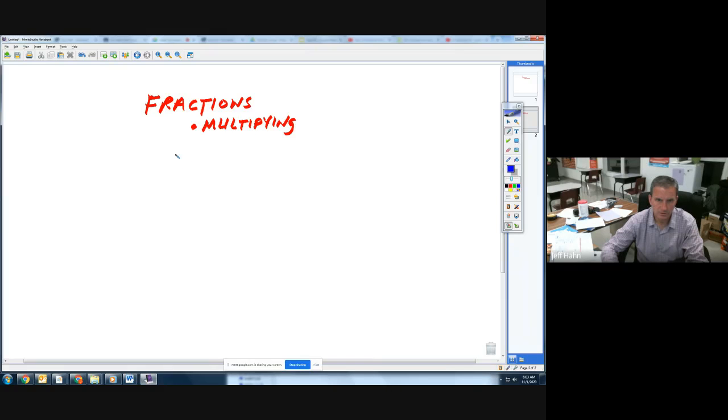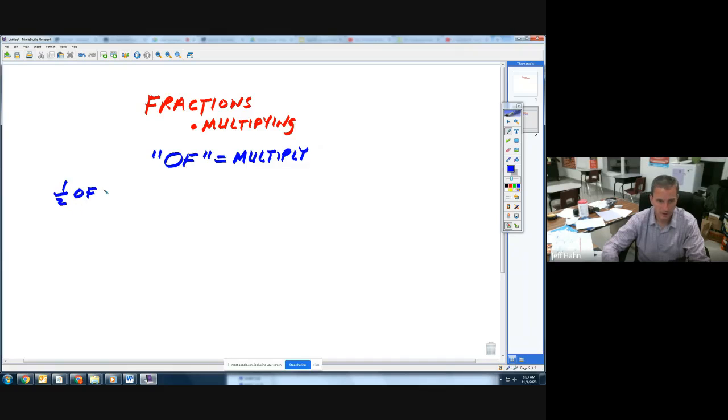In math, when you see the word "of," just about always, of means to multiply. Because a lot of times, especially when it comes to fractions, somebody will say, well, what is 1/2 of something? And when we talk about 1/2 of something, we're actually multiplying by 1/2.